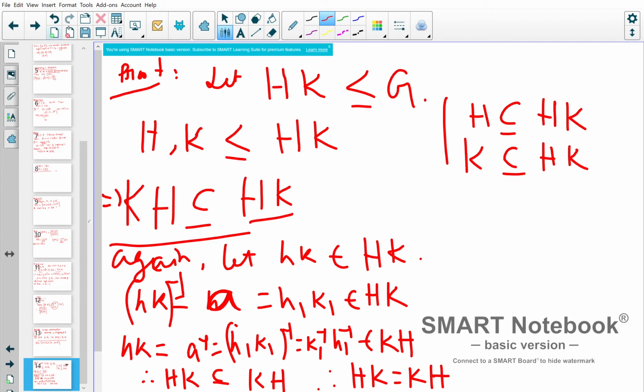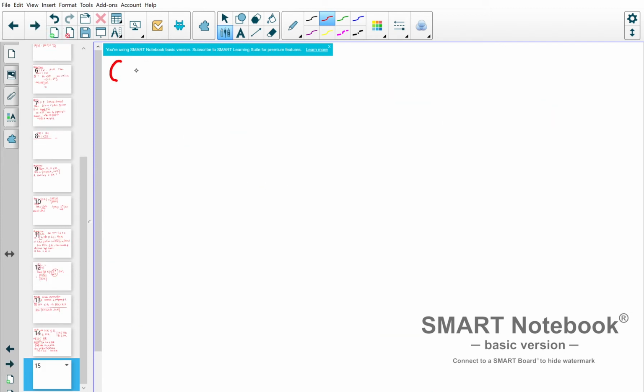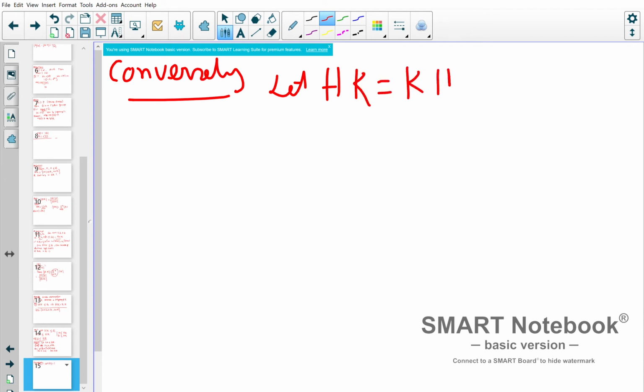Now conversely, converse part is the important part. So conversely, let us assume that HK equal to KH. Okay, so this is given. Now I need to prove that HK is a subgroup, right? So what does that mean?